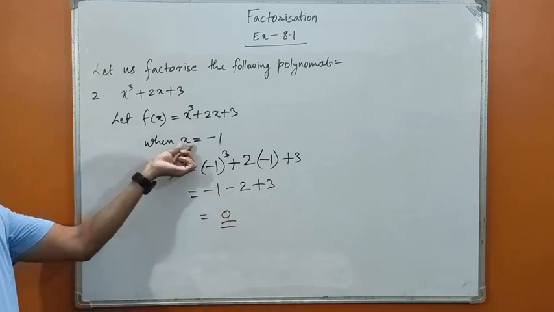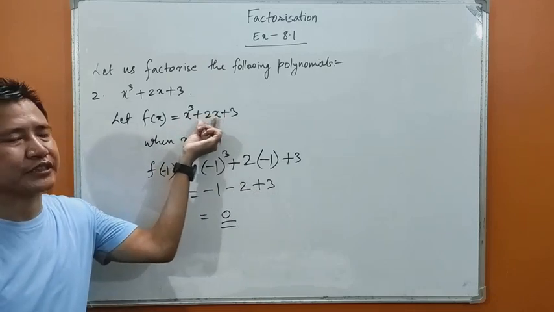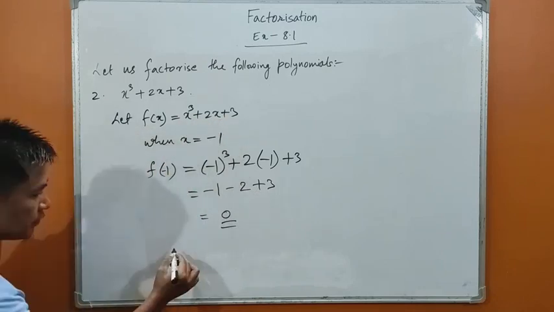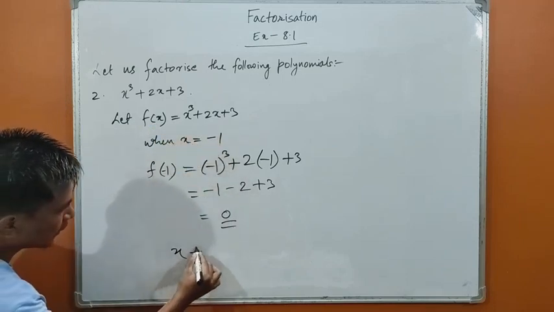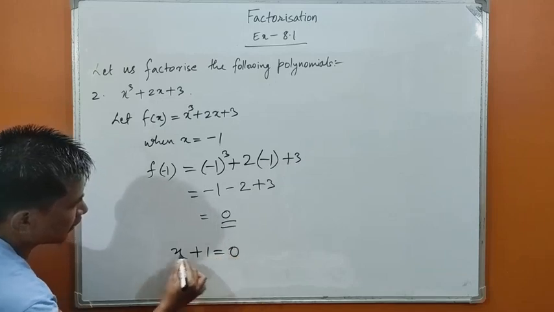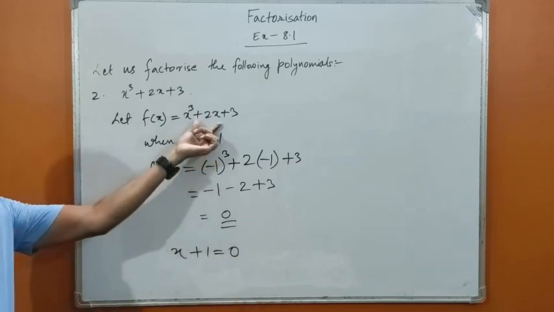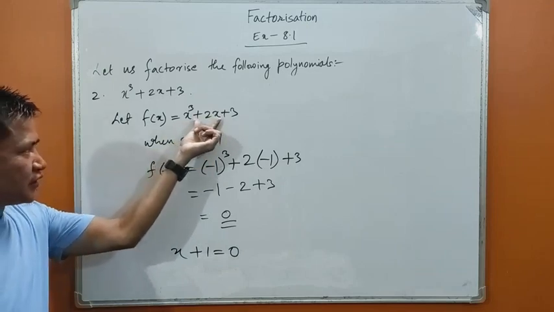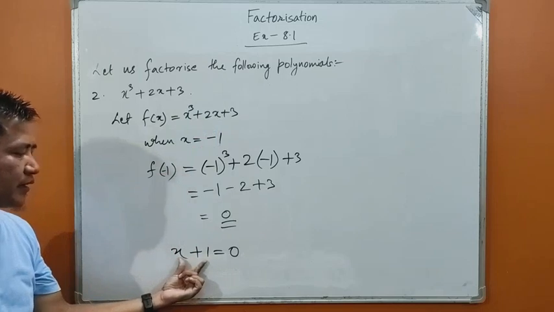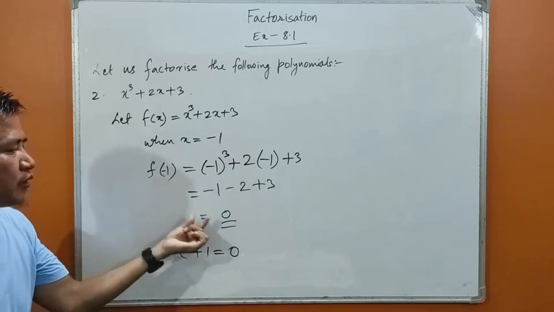So when we suppose the value of x as minus 1, the value of this expression becomes 0, isn't it? So we can write, you bring this minus 1 to the left hand side, x plus 1 equals 0, isn't it? So x plus 1 is the factor of this expression, since this expression is exactly divisible by x plus 1, therefore the remainder f(minus 1) came 0.